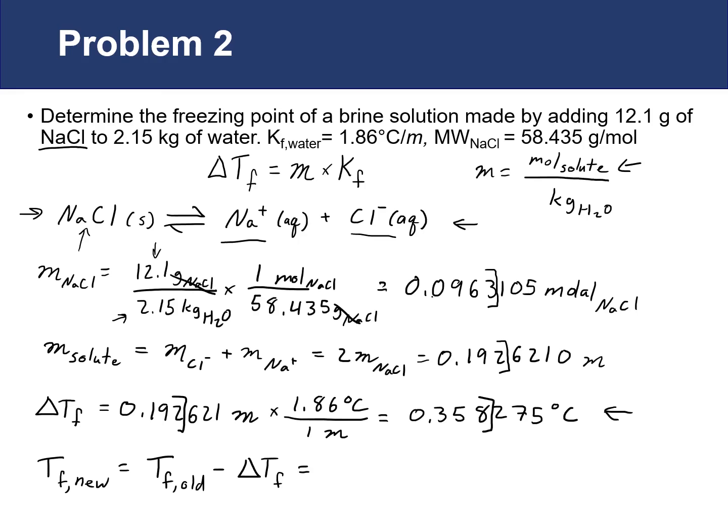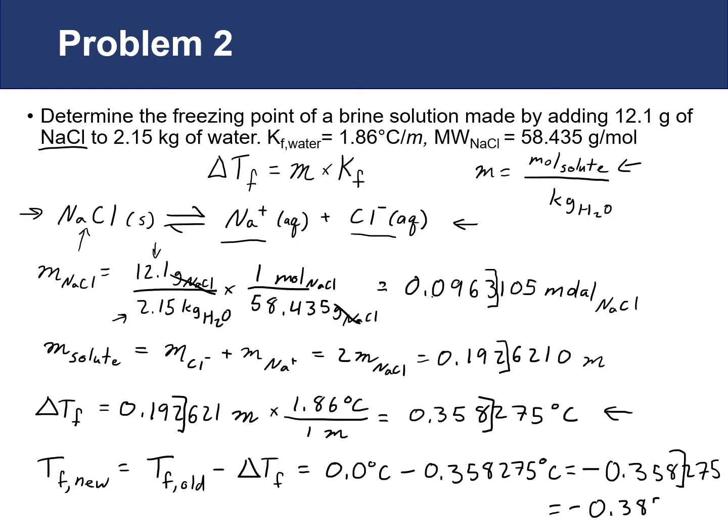For water, the freezing point is 0 degrees Celsius, so that'd be 0.0 degrees Celsius minus our freezing point depression value, 0.358275 degrees Celsius, which comes out to be negative 0.358275, or equal to negative 0.358 degrees Celsius. We will look at our last colligative property, osmotic pressure, in the next video.